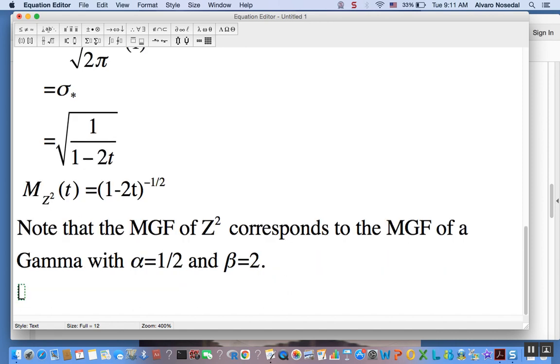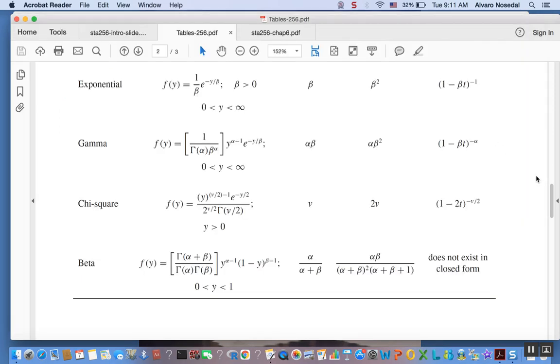And then by the uniqueness property of MGFs, Z squared has a gamma distribution with parameters alpha equals 1/2 and beta equals 2. But there's something more here.